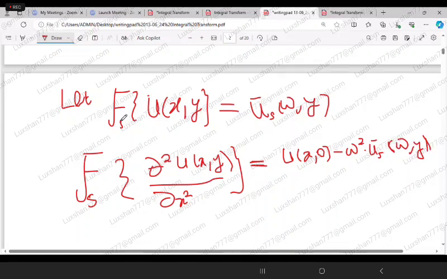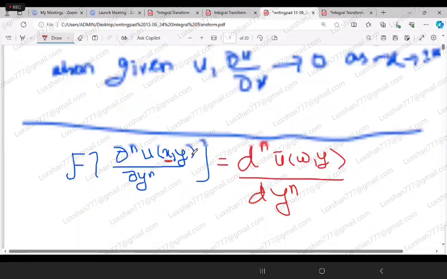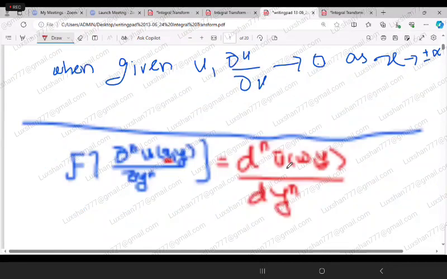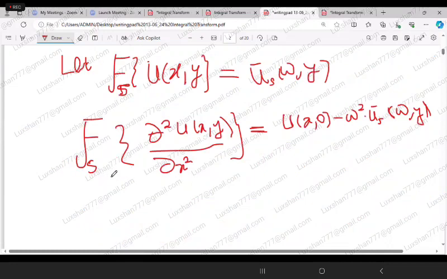So this is the Fourier sine transform. This is the normal function. Look at the difference. This one is the Fourier complex transform, and this one is the Fourier sine transform.